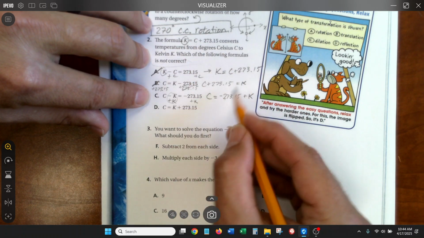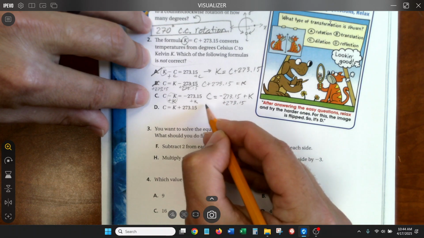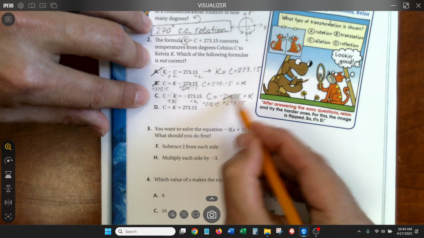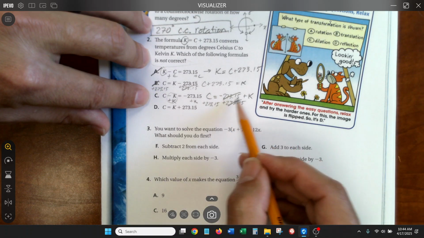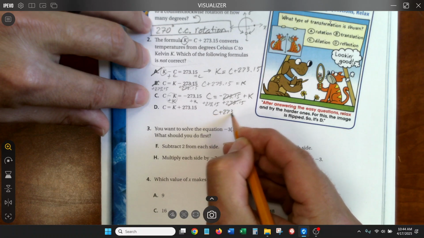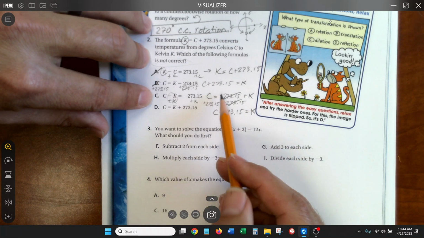We would then add 273.15 to both sides to solve for K, and that would cancel. 273.15 cancels on the right, and then we would have C plus 273.15 is equal to K, which again is a match.